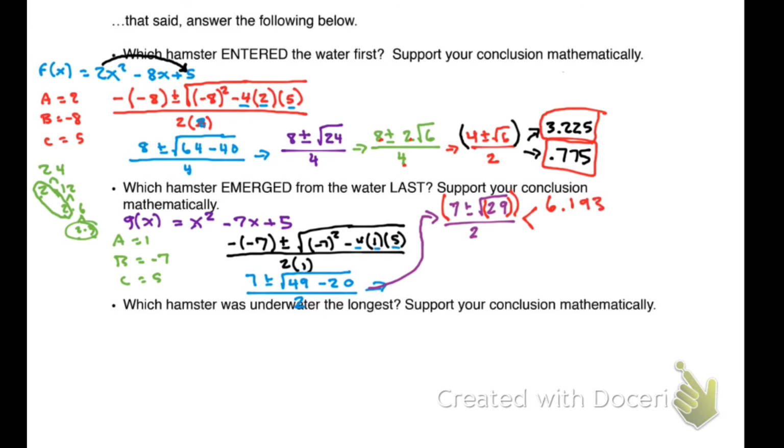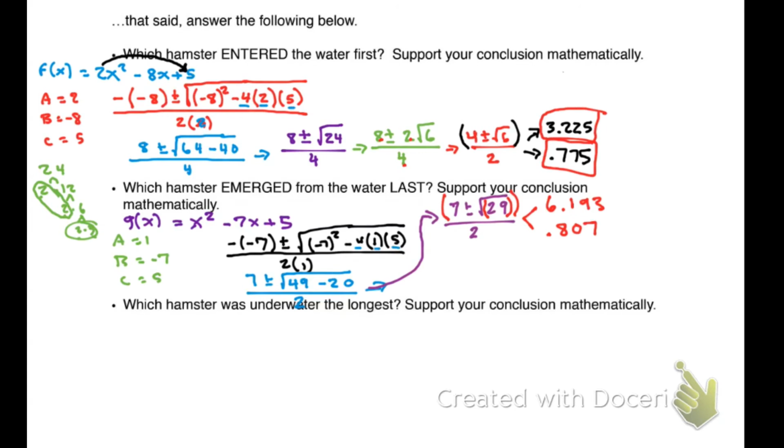And then we're going to do the same exact thing and this time subtract. So we have parentheses 7 minus square root 29 parenthesis, we'll close, divided by 2 equals 0.807.